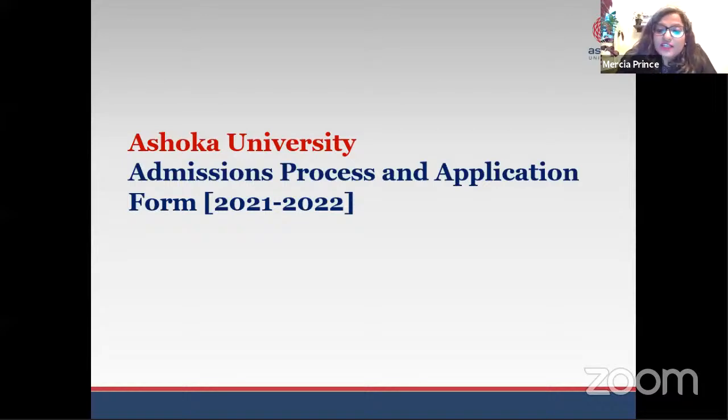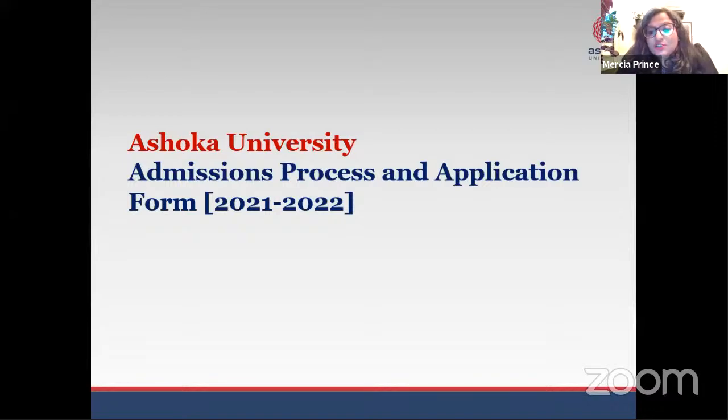So what we have done is take what happens at university and imbibe that into the admissions process. We are looking for students who will succeed at Ashoka, and so our process is designed around the education that Ashoka offers.